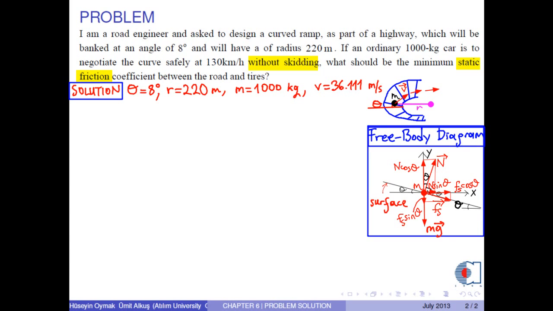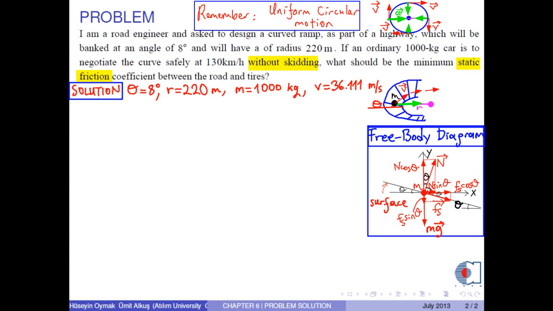As a final step, since this is an example of uniform circular motion, the acceleration vector along the x-axis is drawn like this, which is the centripetal acceleration of the motion. Okay, that's all about the free body diagram of the car.